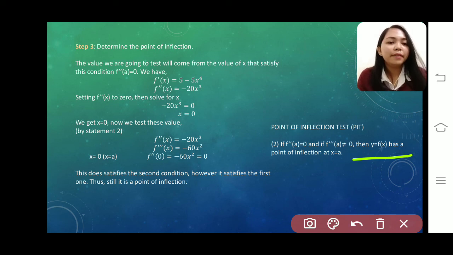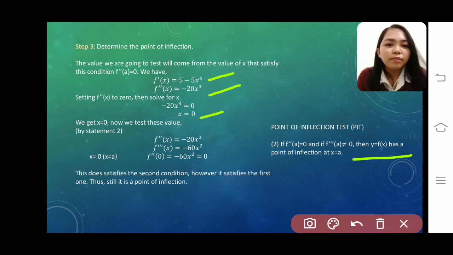So, dito naman, kunin natin yung third derivative niya. So, di ba, meron tayong first derivative, nakuha natin si second derivative. So, we will get the third derivative.